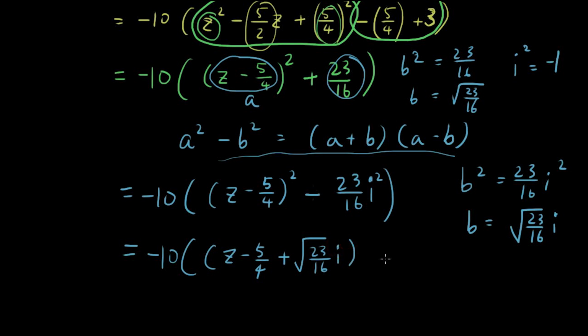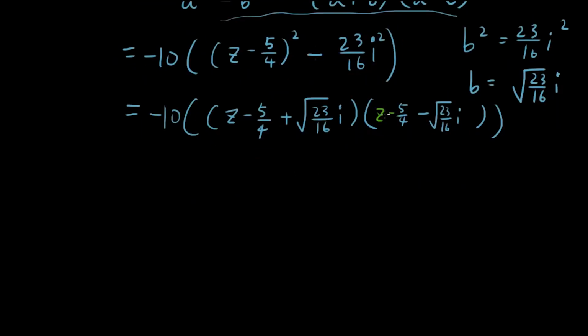And then I'm going to get the other bracket. So A minus B. So it's z minus 5 over 4. That's the A part. Minus B, so that's minus square root of 23 over 16i. Okay, so now I can simply get rid of the big bracket because we're just multiplying -10 by these 2 terms.